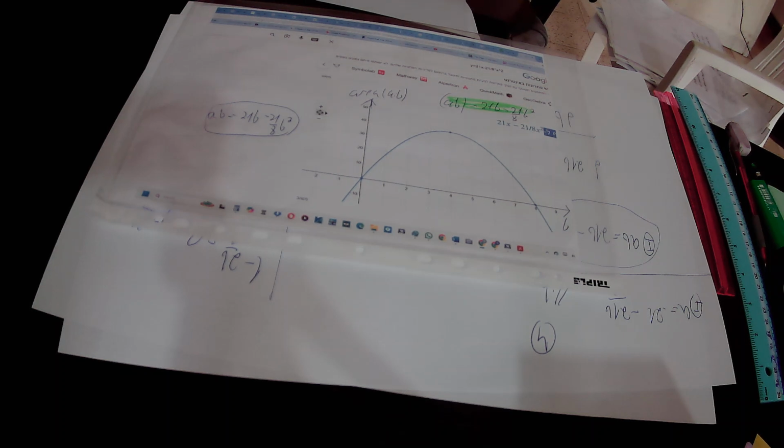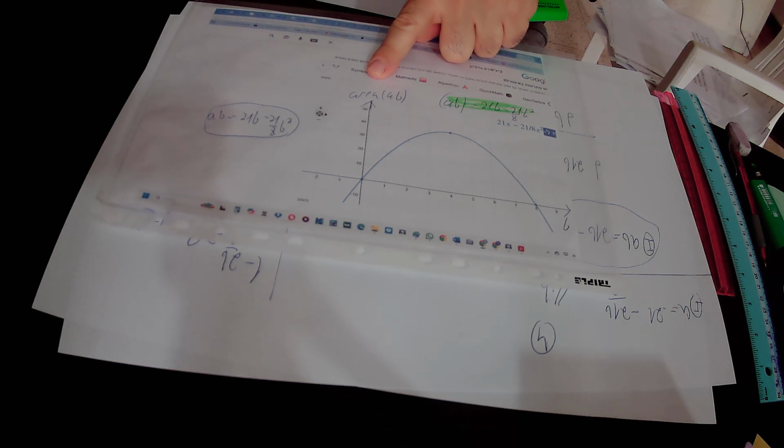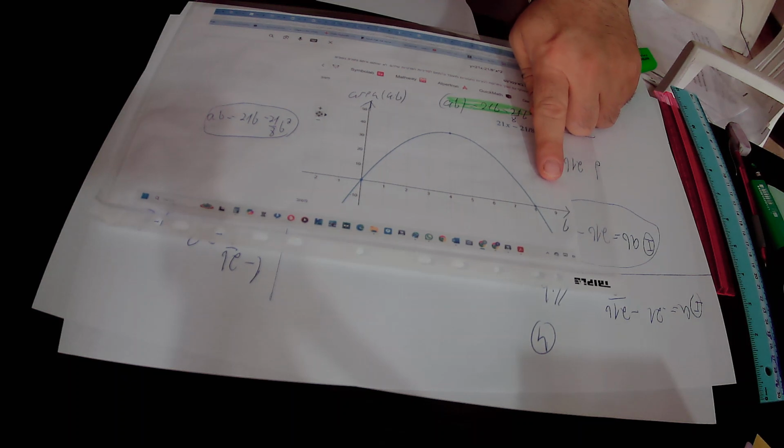This is the area function of rectangle PQST. On the y-axis we have the area of rectangle PQST, and on the x-axis we have the width b.